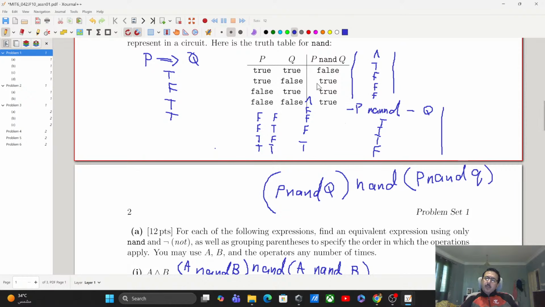Got them all false. With the AND here, all false. What do I have? FT.